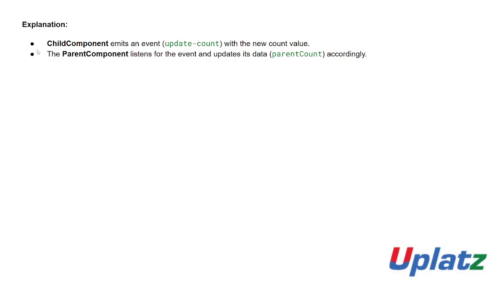Next, explanation. Child component emits an event update count with a new count value. The parent component listens to the event and updates its data parent count accordingly.